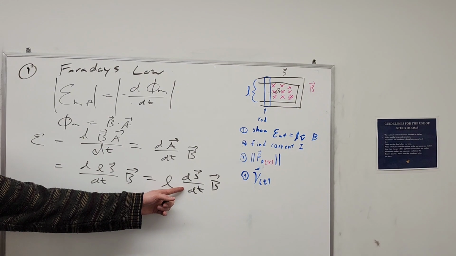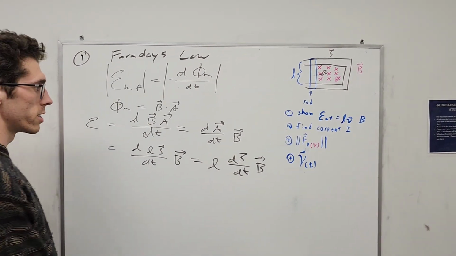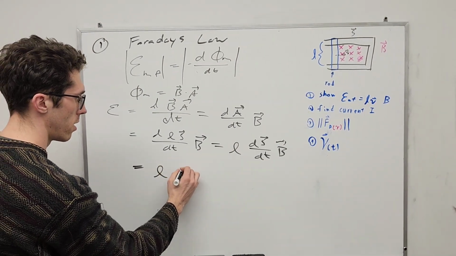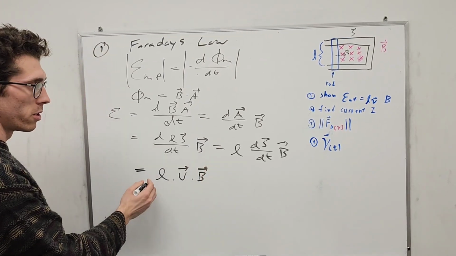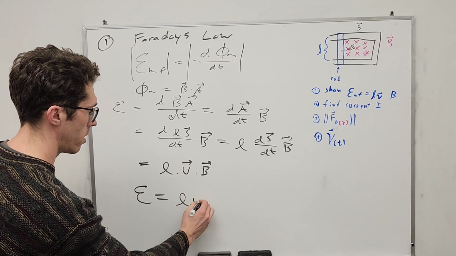And then, as we know, the derivative of displacement is velocity. So once again, we can simplify this some more. And ultimately, we're only worried about the magnitude, so we can finish it off with this equation.